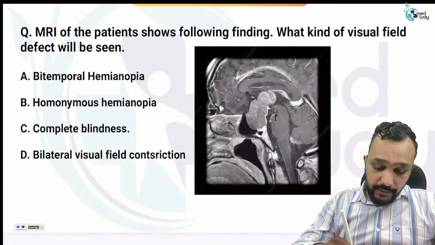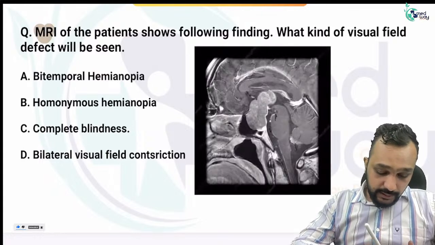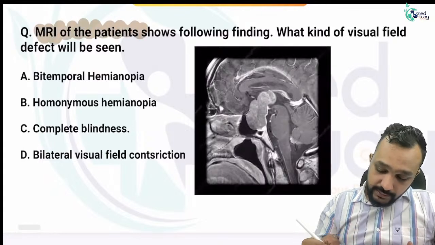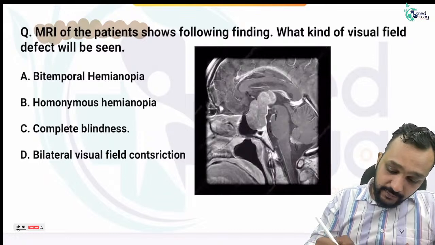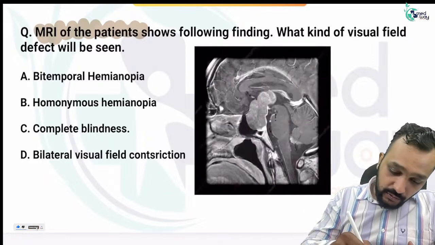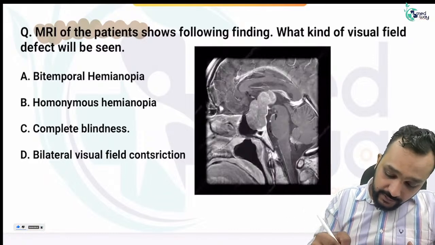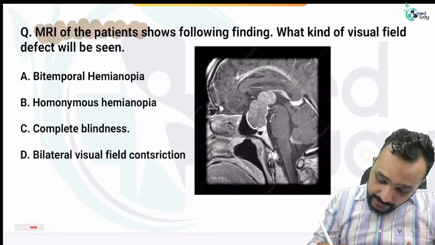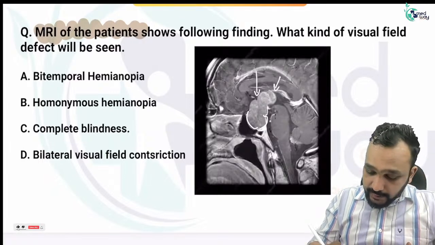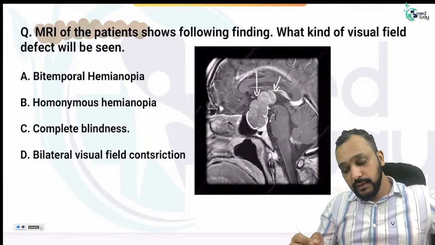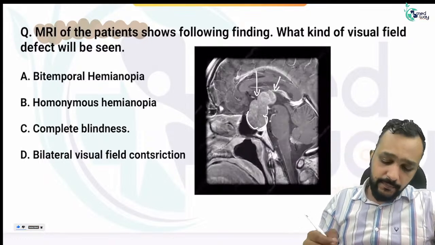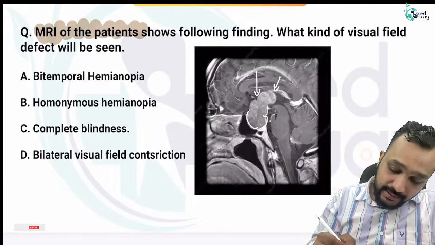An MRI image of a patient is shown to you, right? So these are the post contrast T1 weighted images, right? So on the post contrast T1 weighted images, you can see that there is a lesion in the sellar and suprasellar location. Okay, the lesion is showing heterogeneous contrast enhancement.